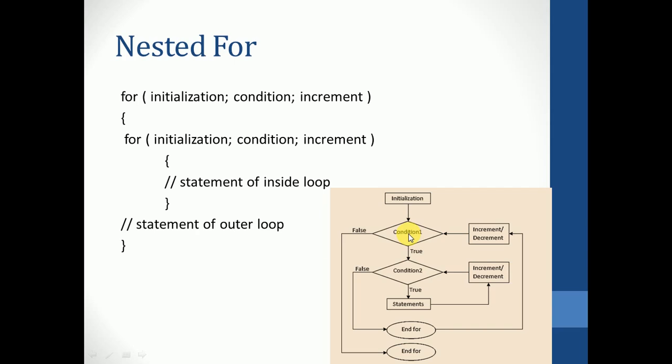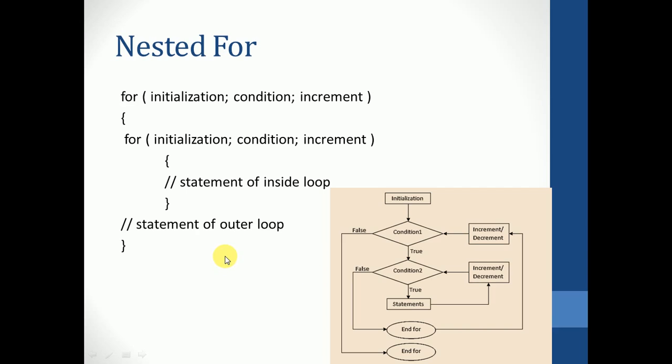If the condition is satisfied, it again goes into the next for loop, that is the inside for loop, and then the set of statements will be executed until this inside for loop condition becomes false. And if the condition is false, again it starts its incrementation part. Now again it checks for the condition. Suppose the outer loop condition itself becomes false, what will happen? It comes out of this particular loop and the program terminates.